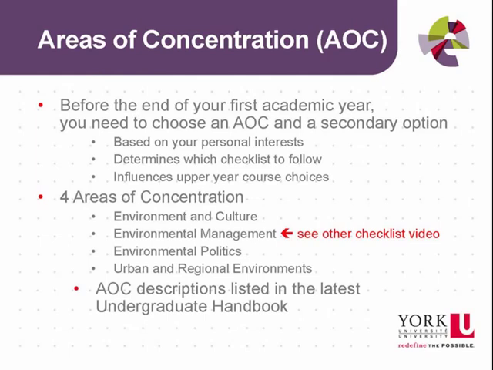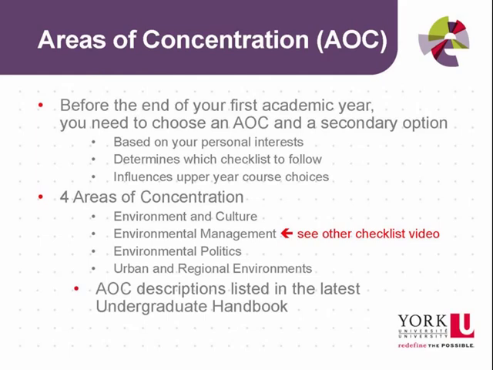This choice will be based on your personal interests, and it will determine which checklist you'll follow and which courses you'll take later in the program. You can choose from environmental culture, environmental management, environmental politics, and urban and regional environments. Descriptions of each area of concentration are listed in further detail in the latest undergraduate handbook.